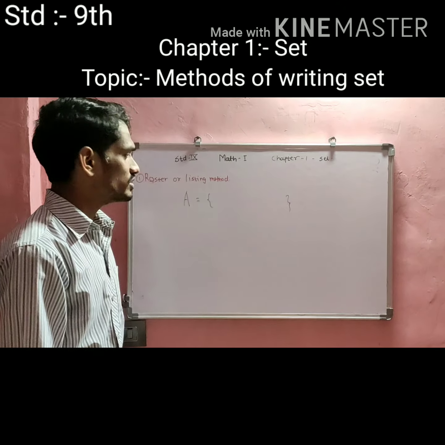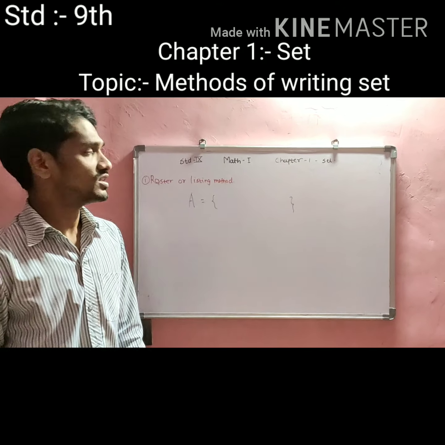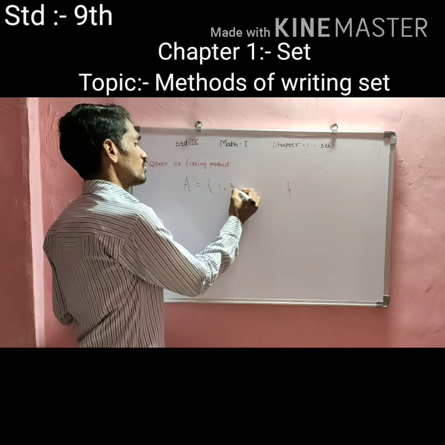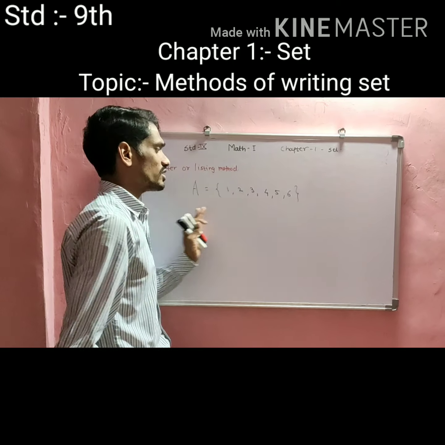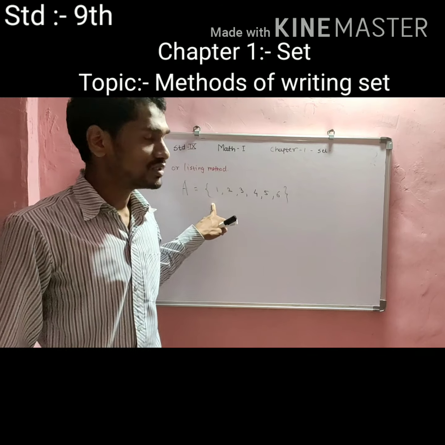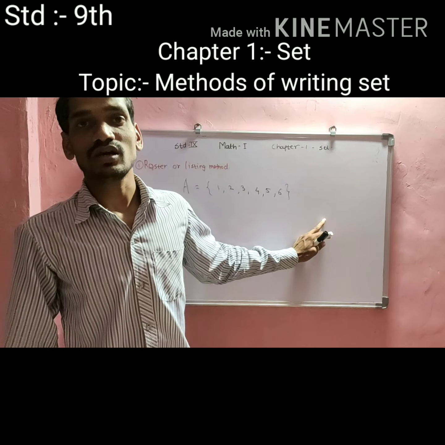The elements are separated by commas. For example, suppose we have taken 1, 2, 3, 4, 5, 6. How do we write this in the listing method? The elements are separated by commas, inside an opening and closing curly bracket.